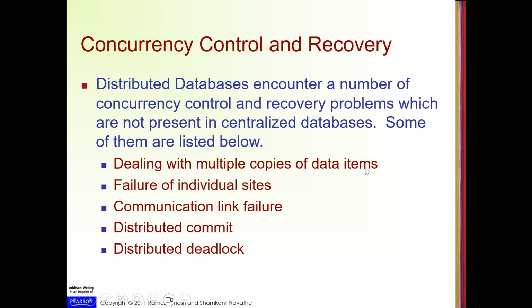Dealing with multiple copies of a data item is an issue. Failure of individual sites is again a problem. Communication link failure becomes a very big problem if the network which is connecting different databases is down. Then the sites will not be able to communicate, and I will not be able to access the employees that are stored in a different fragment as per the location.